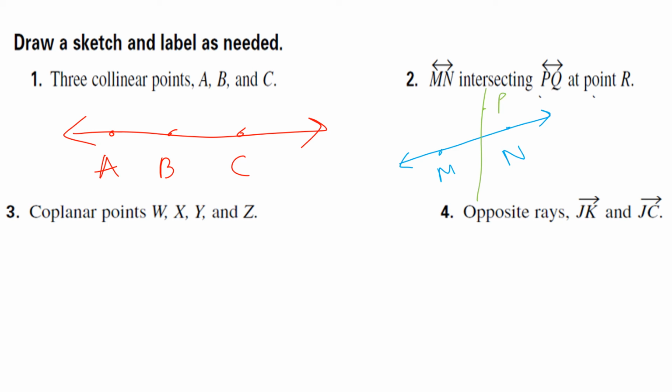Remember, they have to have those points there to show that it is actually that line. So then they intersect at point R. That means that on both those lines, that is point R, right in the middle where they intersect. Okay?